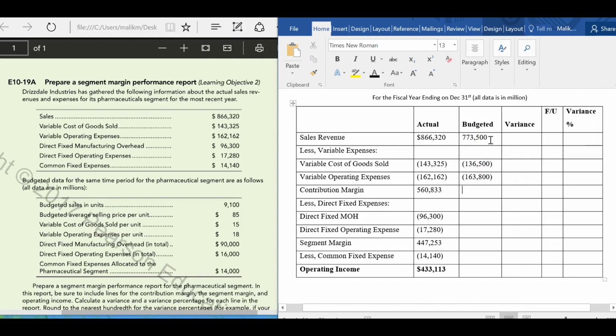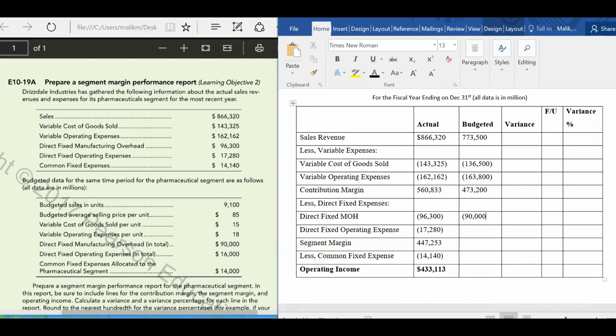Now if you subtract these two items from your sales revenue, you'll get your contribution margin. So if I subtract 136,500 and 163,800 from 773,500, the contribution margin, and of course this is the budgeted one, is 473,200. And we're going to subtract our direct fixed expenses. Again, we have two types of direct fixed expenses given here. The fixed manufacturing overhead total is 90,000.